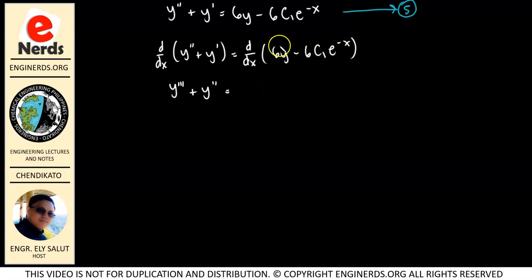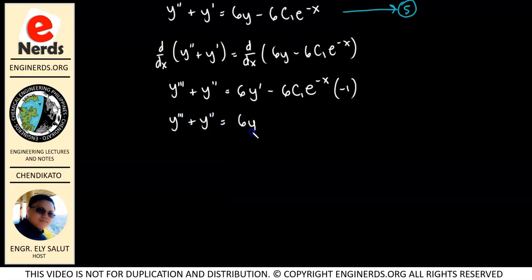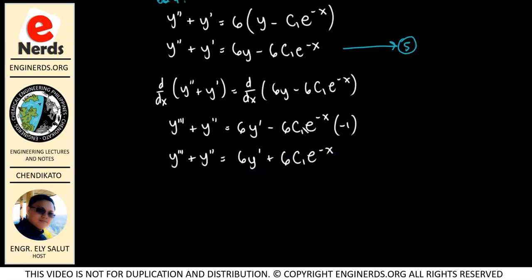So the derivative of 6y is 6, which is a constant, and the derivative of y is y prime, minus our constant 6, and then c1. Then the derivative of e to the negative x is e to the negative x times the derivative of negative x, which is negative 1. So we have y3 prime plus y2 prime is equal to 6y prime, okay, plus 6 c1e to the negative x. Okay, so this is our equation number 6.